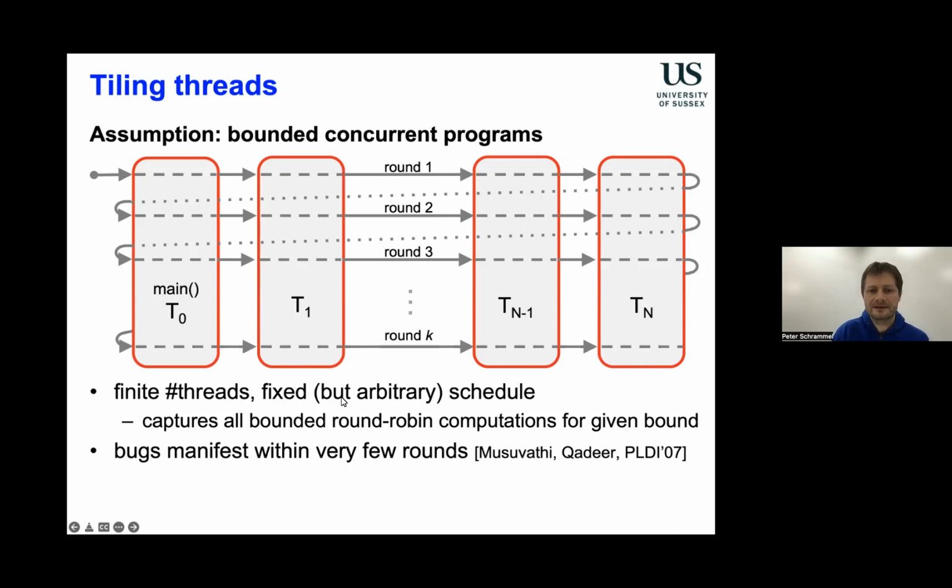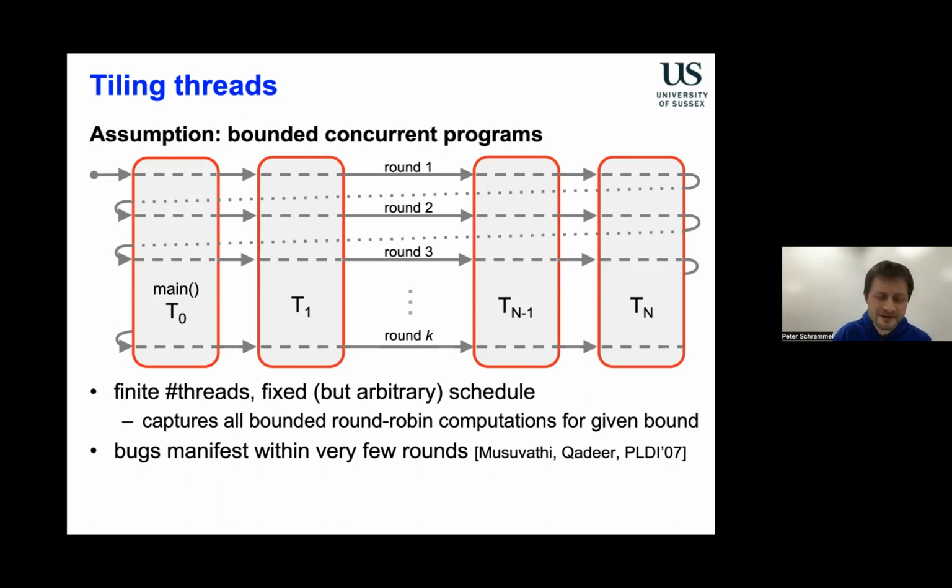Then we use a round-robin scheduler to construct a sequential program. We include the scheduler into the program to make the concurrent program sequential, but in a way that allows all possible interleavings up to k context switches.